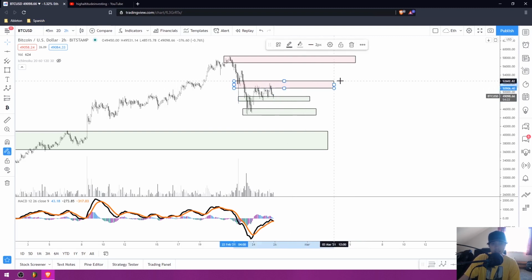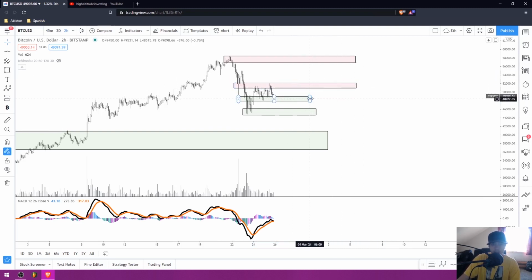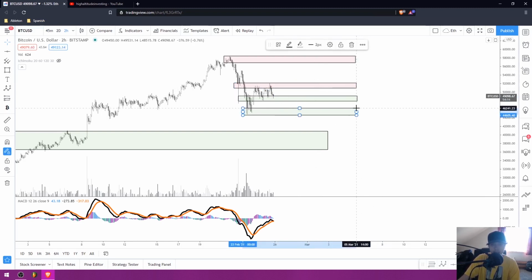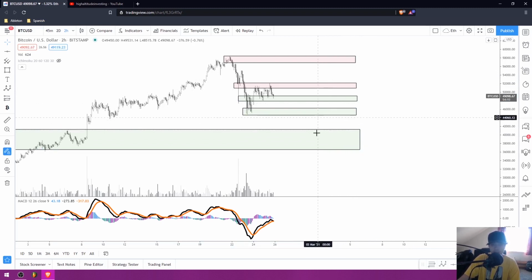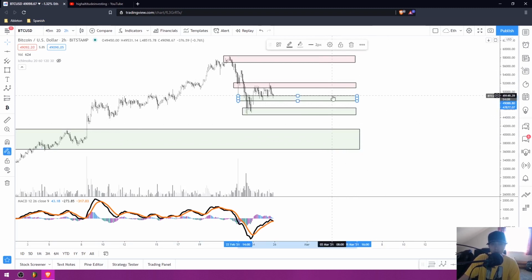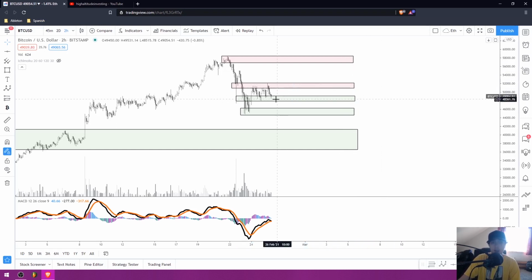So what we really want to see, you guys, with Bitcoin here, to confirm my bearish counts and for us to see more downside and come test these bigger support levels, this bigger box down here, we really want to see this support level, this zone between 47,000 and 49,000 per Bitcoin, 49K, 47K actually, become resistance.